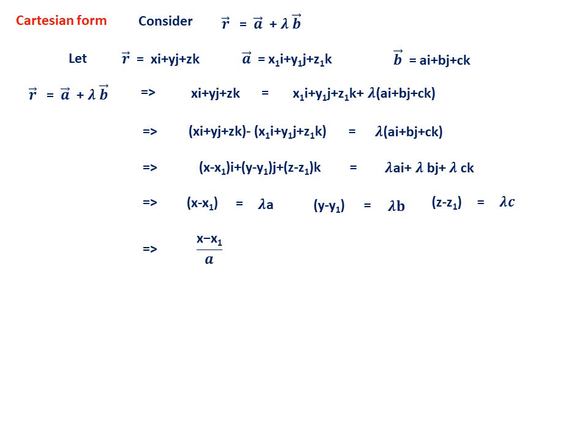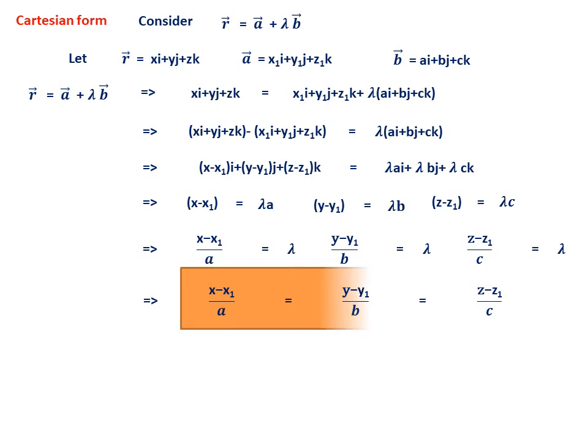So now this implies x minus x1 by a must be equal to lambda, y minus y1 by b equal to lambda, z minus z1 by c also must be equal to lambda. Therefore equating them you get x minus x1 by a equal to y minus y1 by b equal to z minus z1 by c. This is the Cartesian form. So the first one is vector form, second one is Cartesian form.